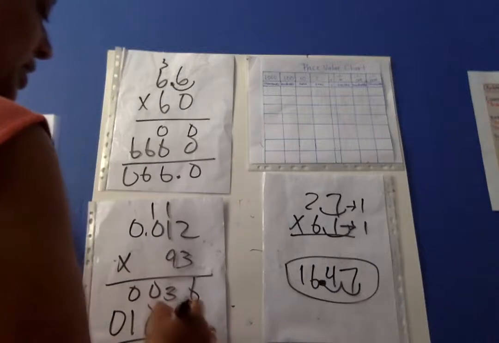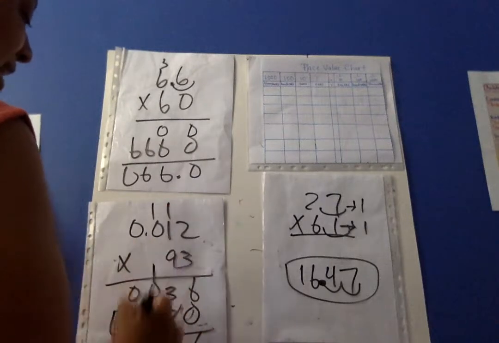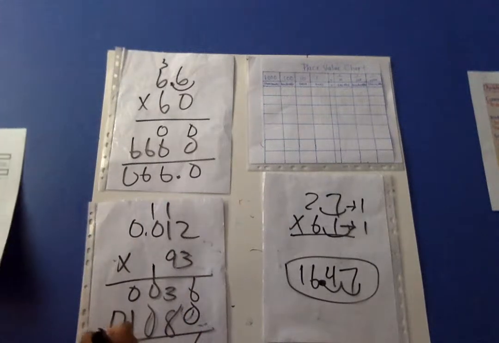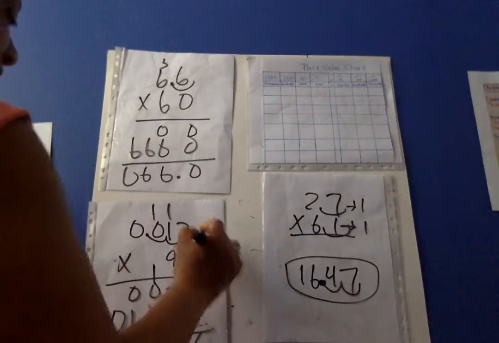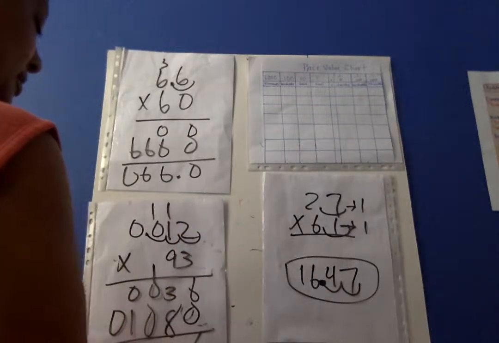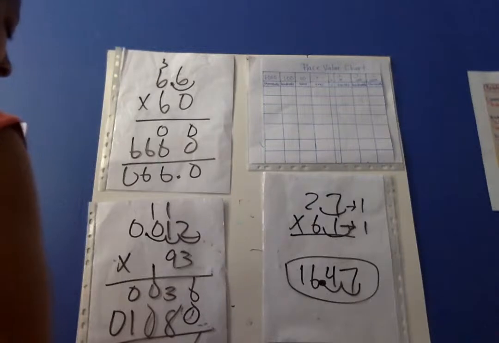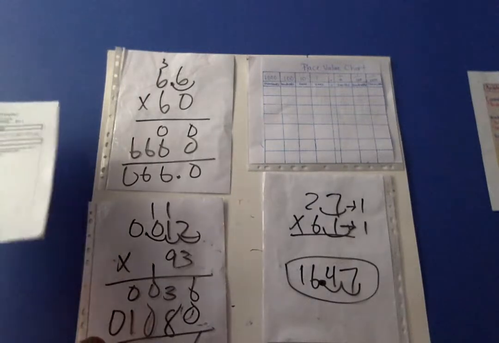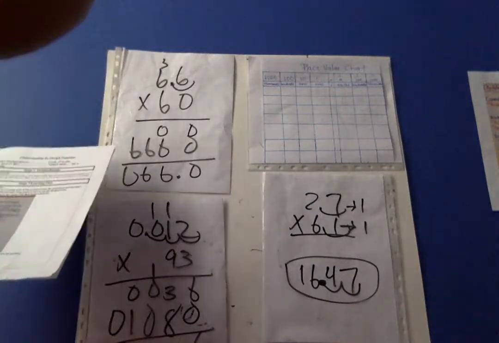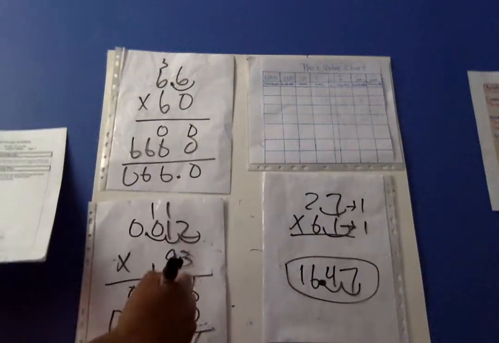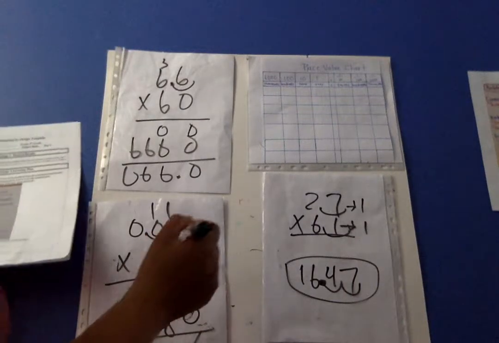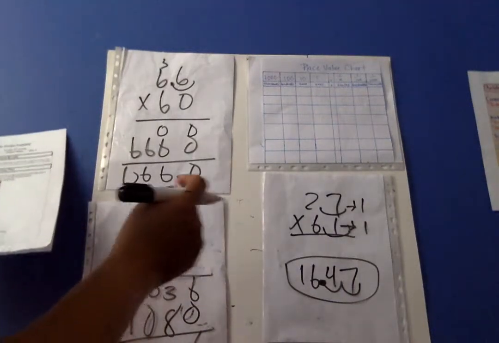I see that everyone is almost ready. So just start writing down this next problem. Okay, everyone is done. Let's look it over. What were the answers for the first problem?